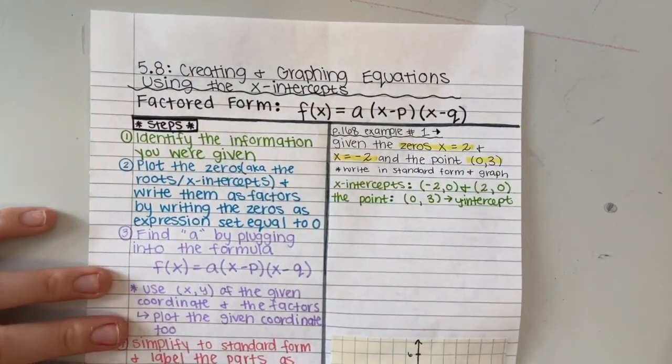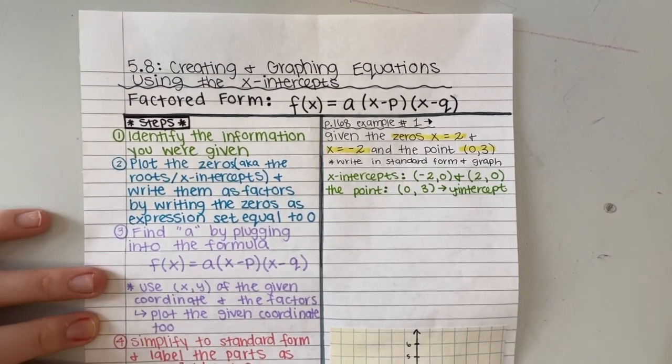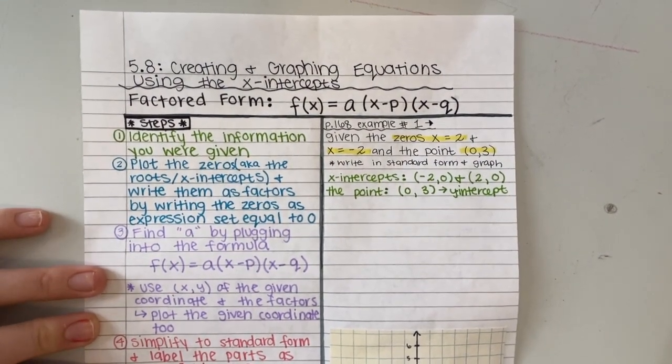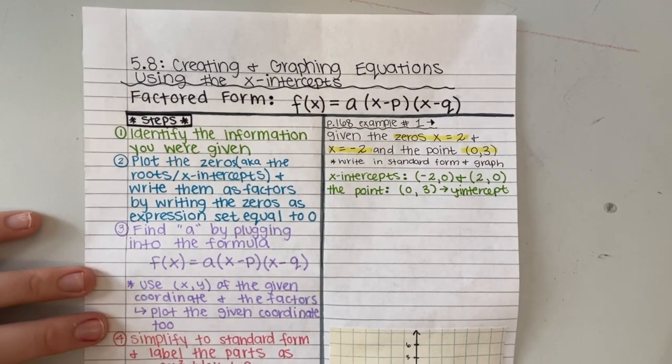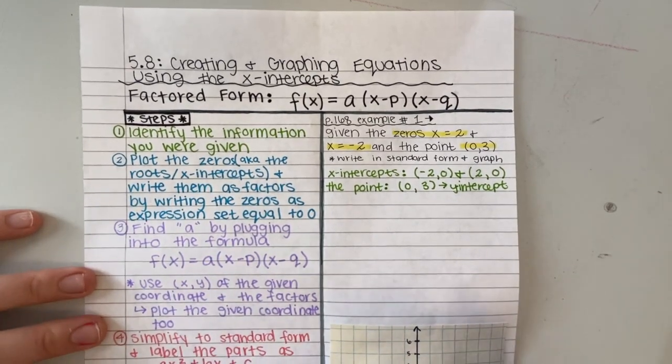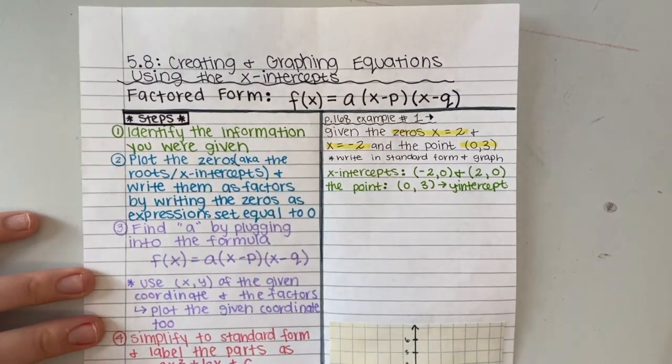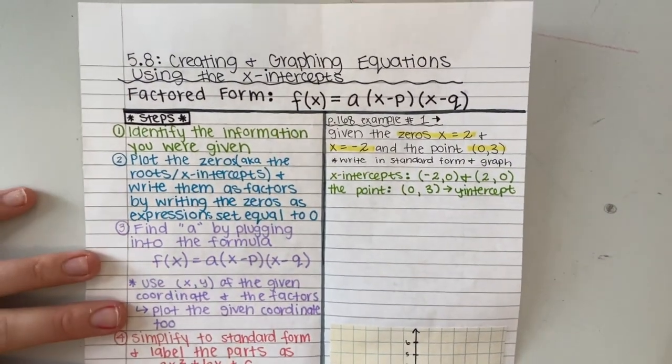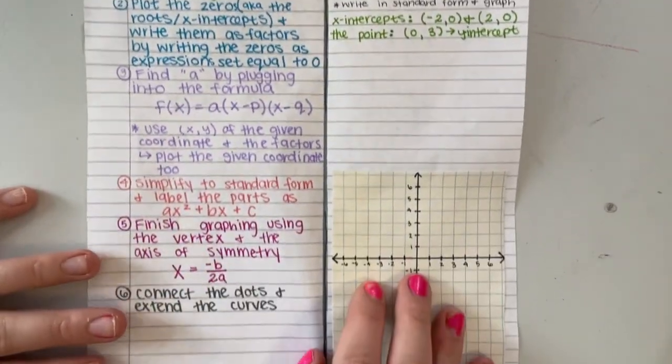My next step is to plot the zeros, which we also call our roots or x-intercepts. Remember, they all are the same. And then we have to write them as factors by writing the zeros as expressions set equal to 0. What I mean by that, first let's just plot them on our graph because that's easy.